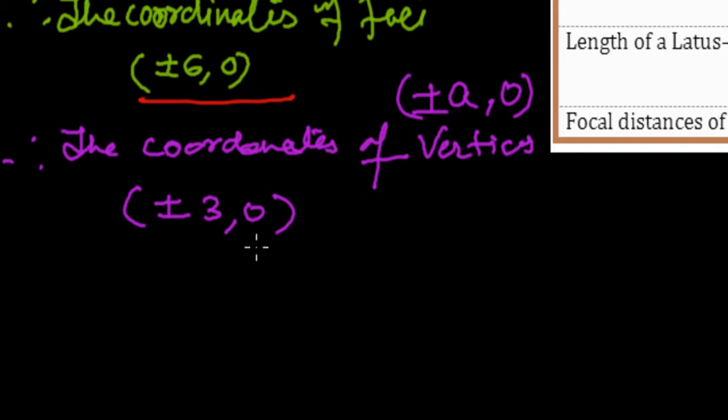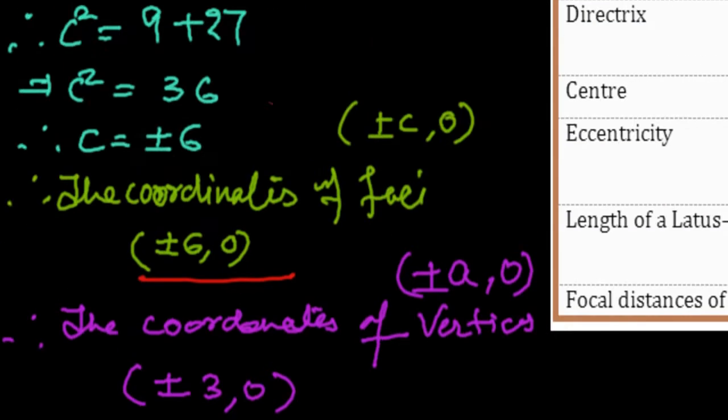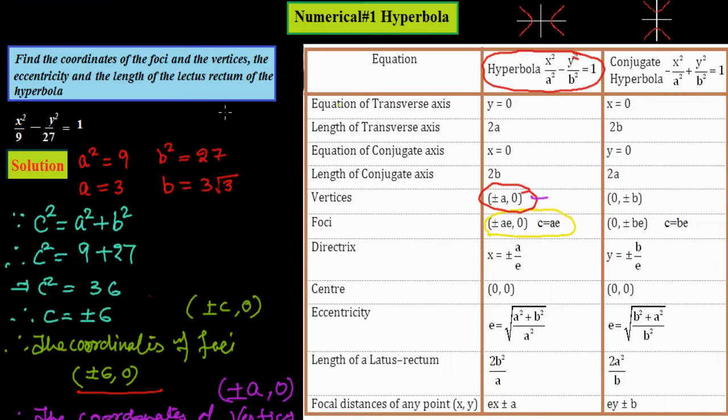So these are the coordinates of vertices. Now we see the eccentricity. We have to find out the eccentricity.